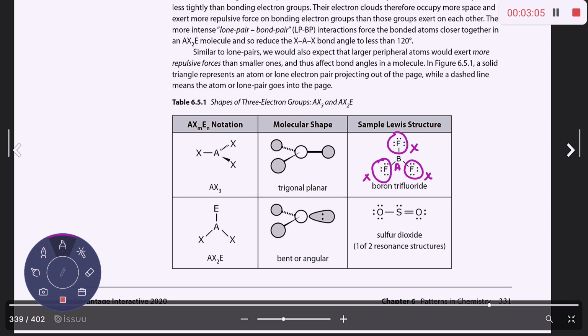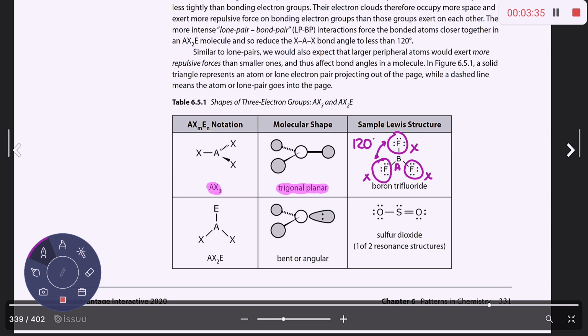My designation here would be AX3, which is not the shape. I use that to get the shape, which is trigonal planar. It is typically deemed inappropriate to abbreviate trigonal, just letting you know, so make sure you write it all out. Now, if I have 3 things in a plane, 360 divided by 3 is 120. So that means this bond angle right here is going to be 120 degrees.